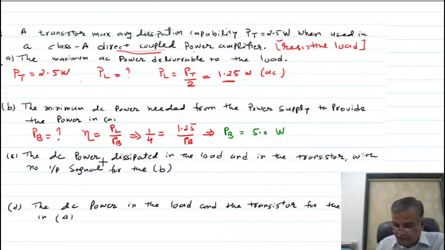C. The DC power dissipated in the load and in the transistor with no input signal applied. When the input signal is not applied, then how much power is in the load?